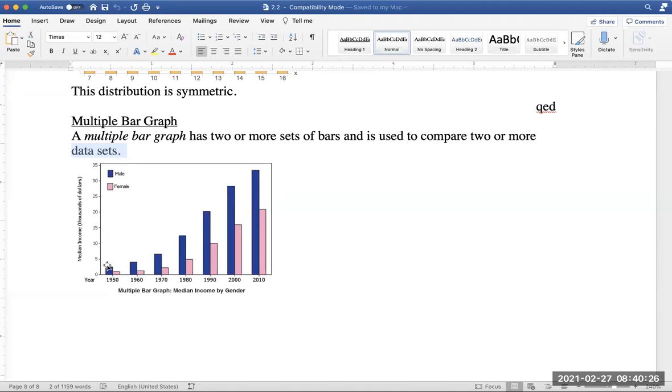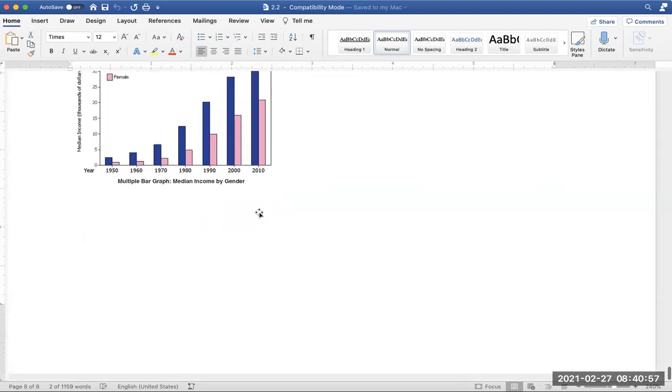The blue bars are for males, and the ones on the right, the pink bars, are for the females. Males make about 32,000, females about 20,000.